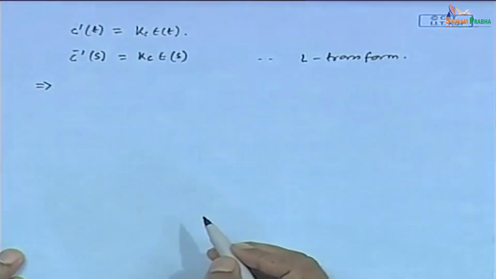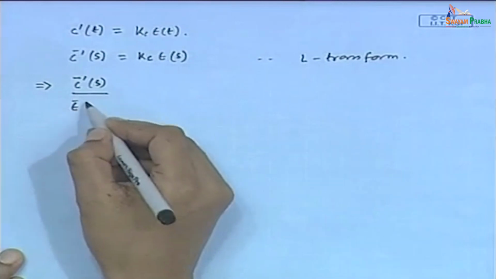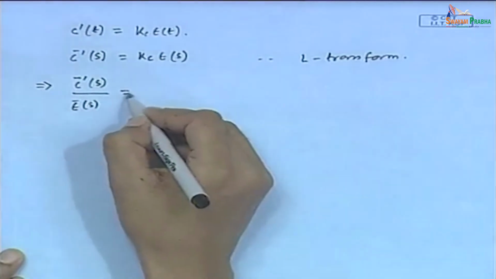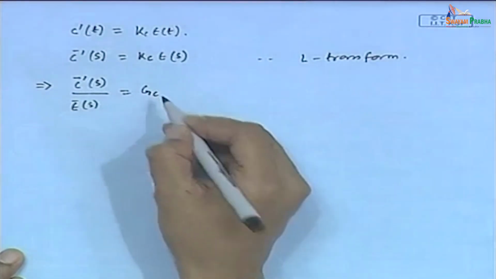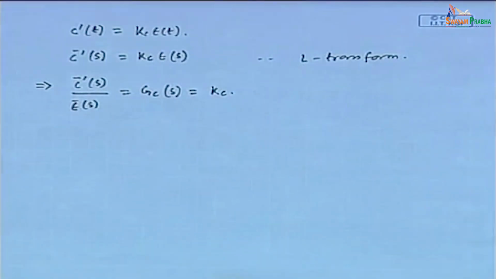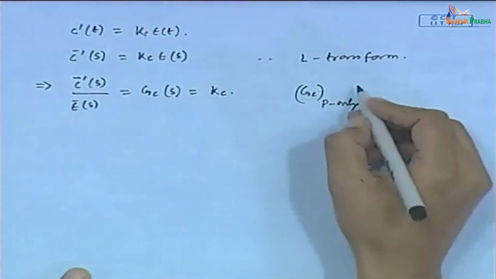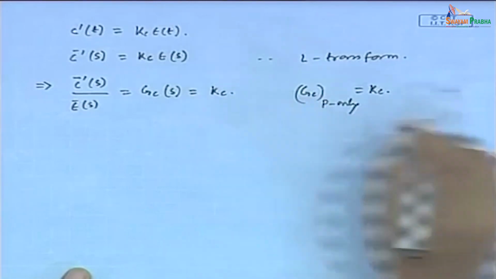Now what is the output of the controller? C prime bar s. What is the input to the controller? Epsilon bar s, and this can be represented as transfer function of the controller, Gc s, and Gc s is equal to Kc. So for P only controller the transfer function is equal to Kc.